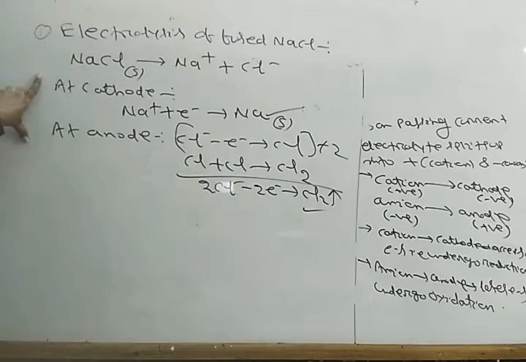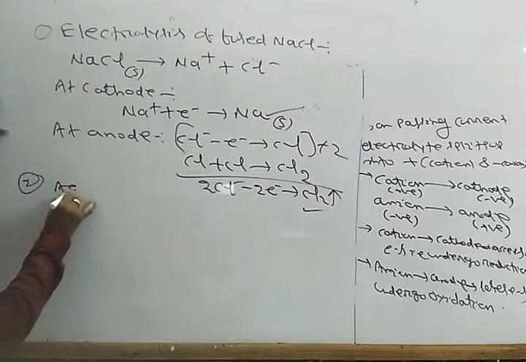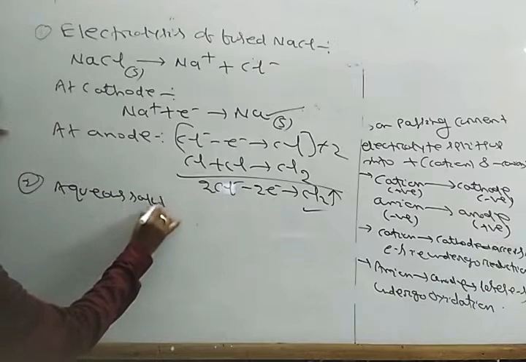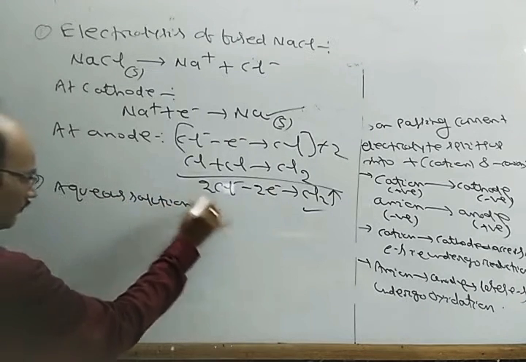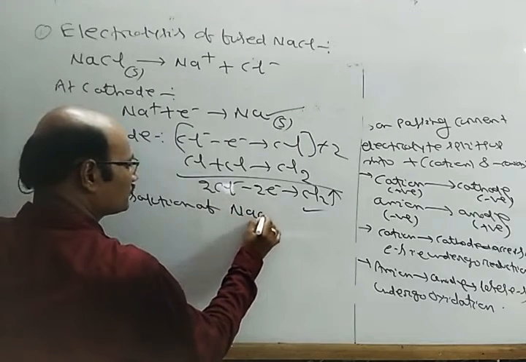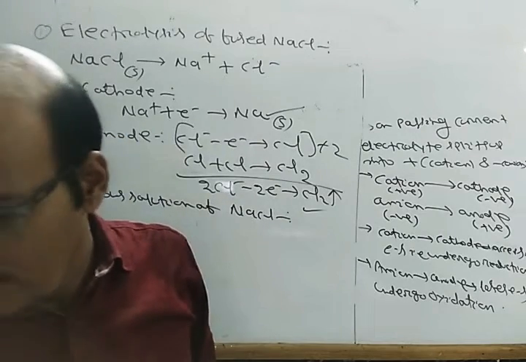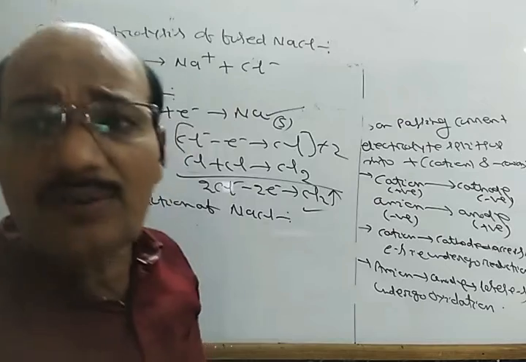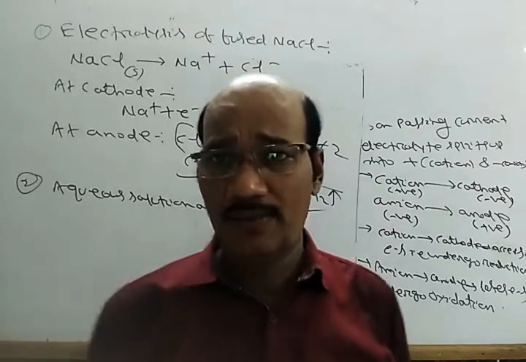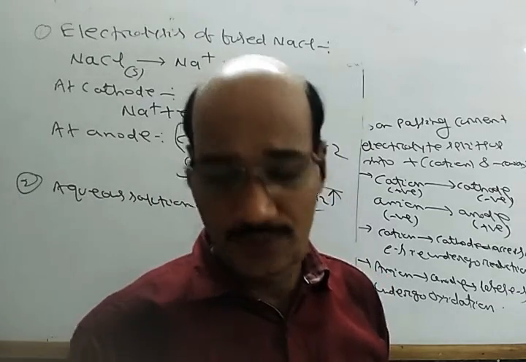Now, suppose I take an aqueous solution of NaCl. So here you see, when we have only one cation or only one anion, the cation goes to the cathode and the anion goes to the anode.